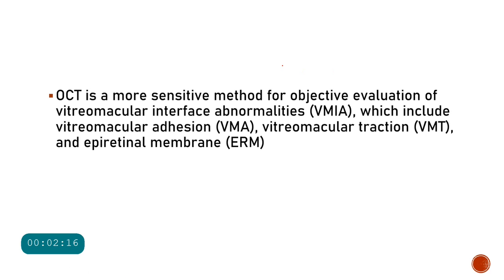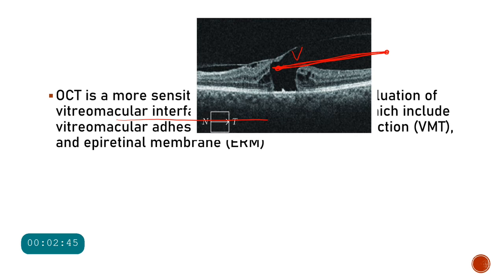As I told you, we have the vitreous and then the retina behind the vitreous, so the junction of the vitreous and retina can also have a lot of abnormalities which can give rise to diabetic macular edema, and such abnormalities could be a vitreomacular adhesion, vitreomacular traction, and epiretinal membrane, which sometimes might be difficult to observe ophthalmoscopically, and therefore when we resort to OCT, visualizing these vitreomacular interface abnormalities is quite easy on OCT.